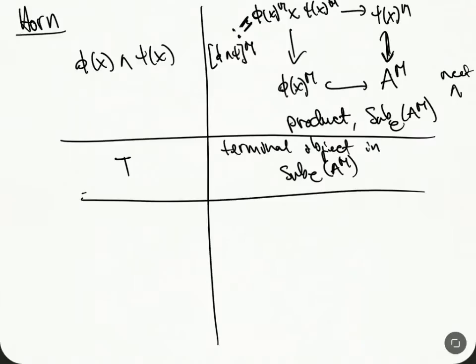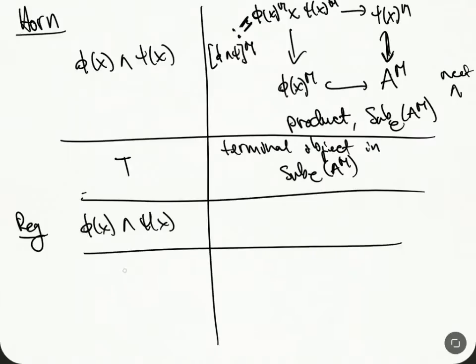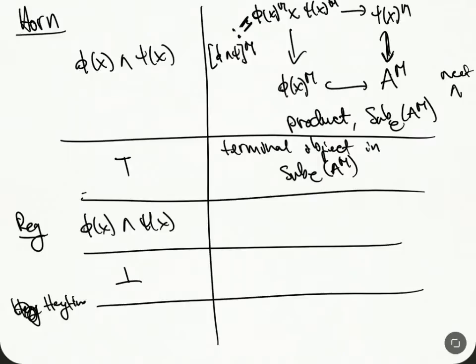I need to check that. So now we have Horn formulas. These are contained in, so now to add the regular things, we have this disjunction. Okay, and then we have this guy here, the false symbol. And then for Heyting, I guess we could do Heyting or coherent, but let's talk about the Heyting implication.